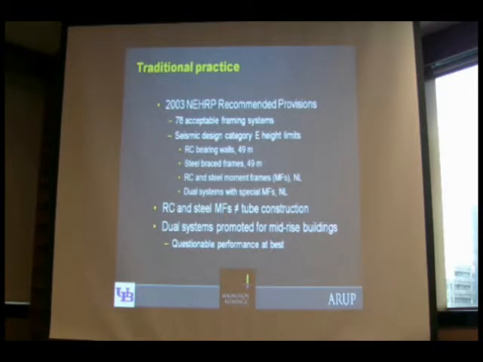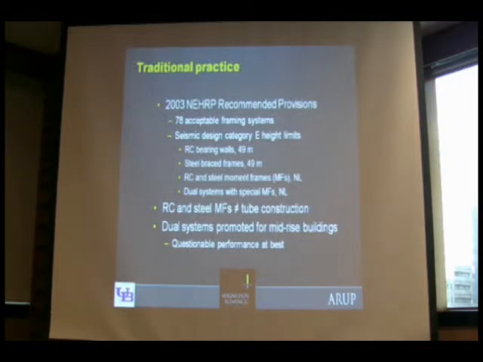And if you look at regions of moderate to high seismicity, there are limits set on the height of nearly all framing, or most framing systems. If you're designing a building with reinforced concrete bearing walls, where the walls resist most of the gravity load in the structure, you can't build a structure higher than 49 metres. If you're using steel braced frames, again, there's a limit of 49 metres.